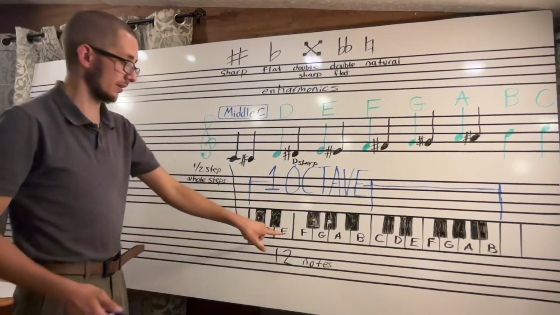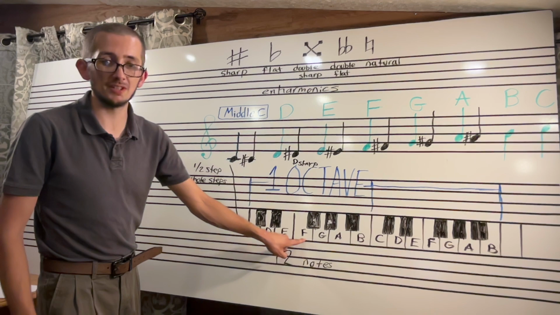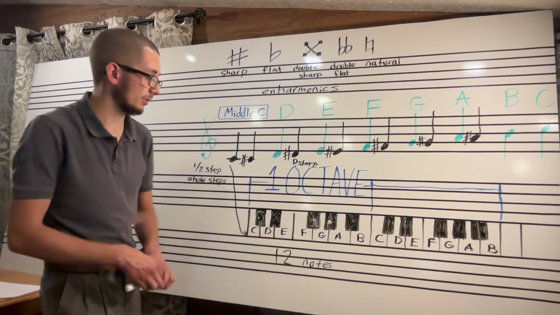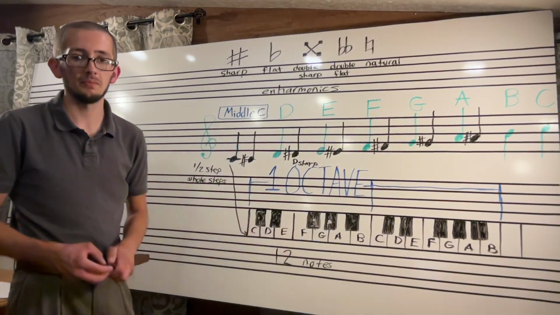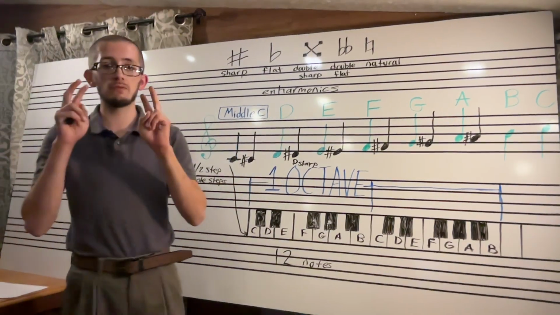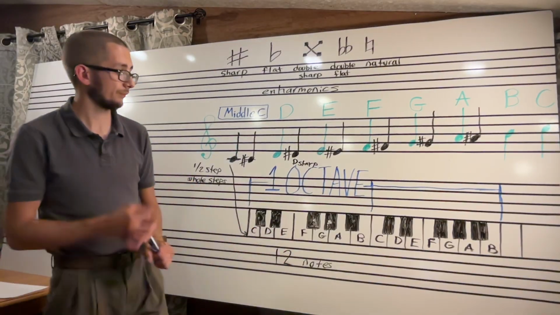What do I mean? Well, this F right here, not only could it be described as an F, but as we just saw, it can be described as an E sharp. So this F right here is also an E sharp. These are referred to as enharmonics, when you have 2 different ways of describing the same pitch on the keyboard.